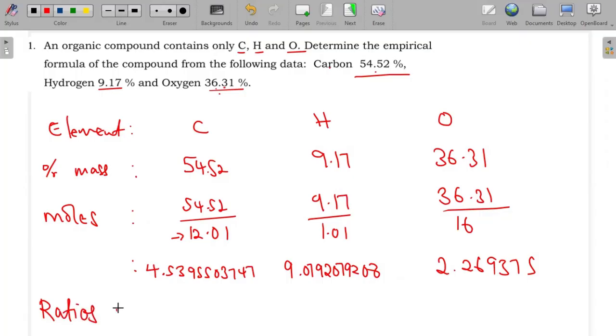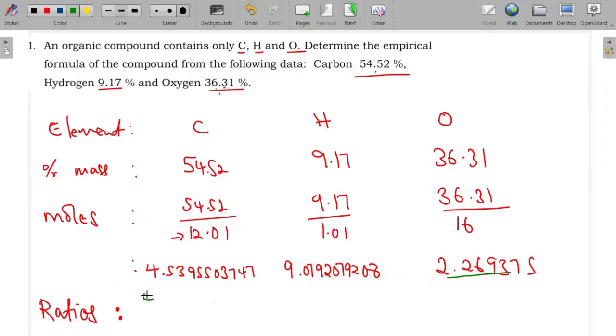Once you have your moles here, you are now going to find the ratios. These ratios are the ones that you're going to put in your empirical formula. How do we find the ratios? We take a look at the moles that we found. We get the lowest number of moles and divide throughout by it. Between 4 point something, 9 point something, and 2 point something, which one is the smallest? The smallest is this one, right? So we're going to divide all of these by the smallest.